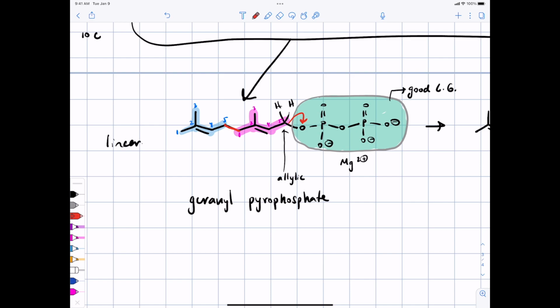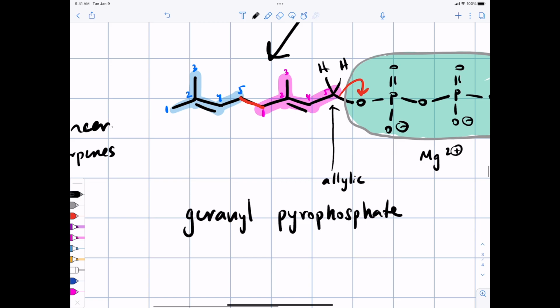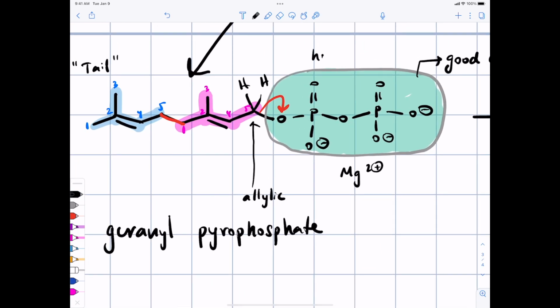Another thing about geranyl pyrophosphate and generally linear terpenes is they have a head and a tail. I'm not sure which one you want to call head versus tail. The two methyl groups at the end of this remind me of a fishtail, so I'm going to call that a tail. And then the leaving group we'll call the head.